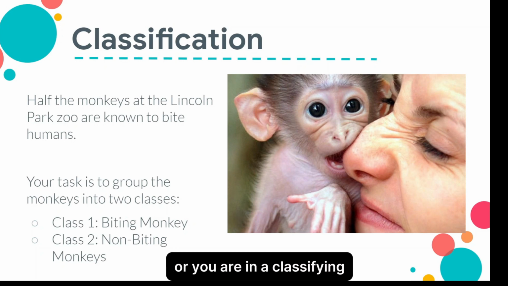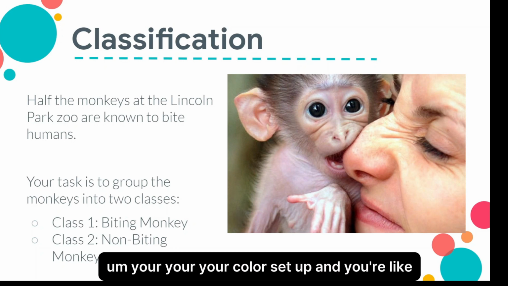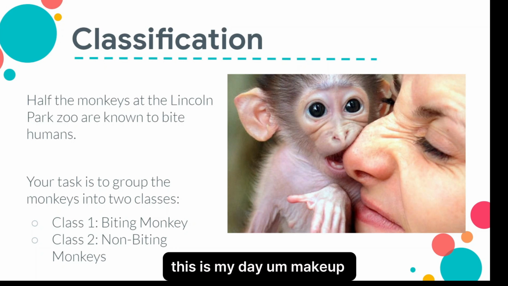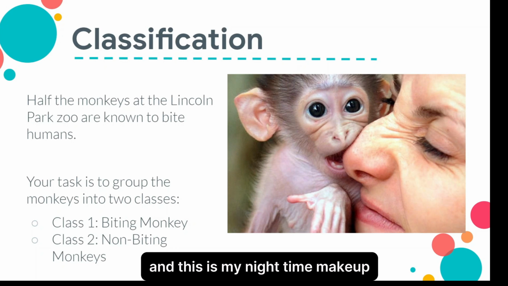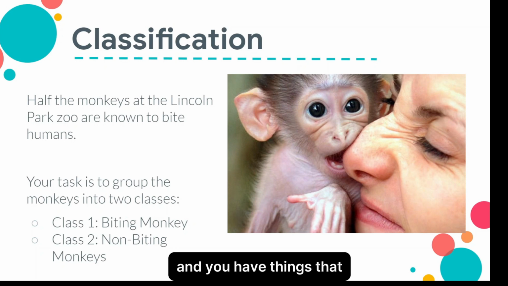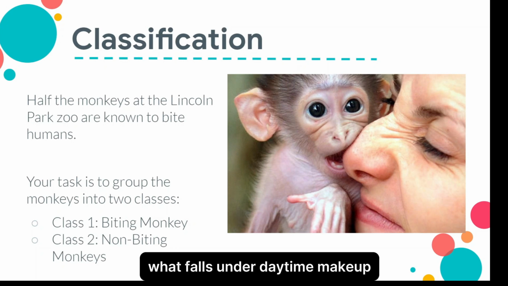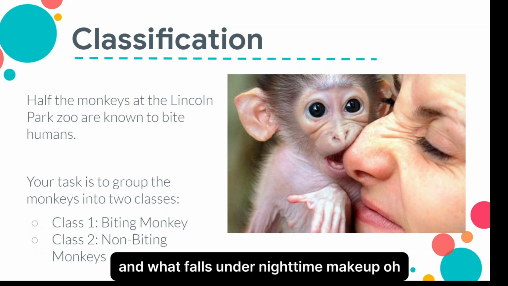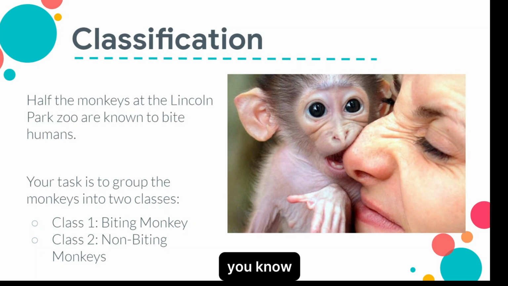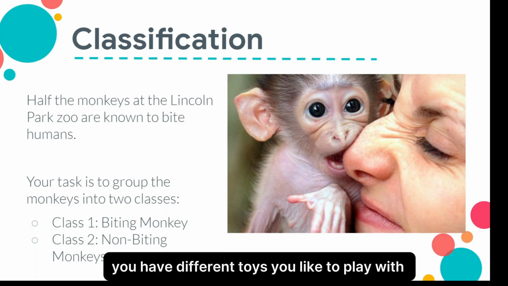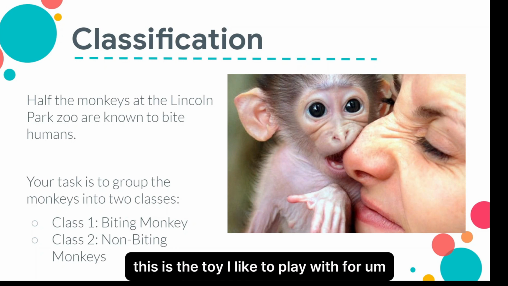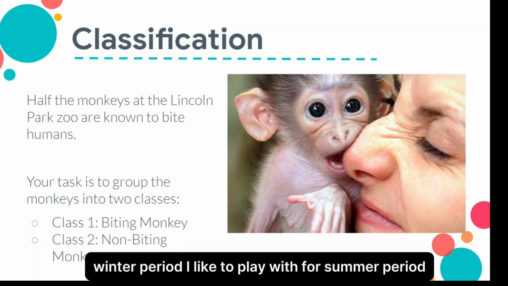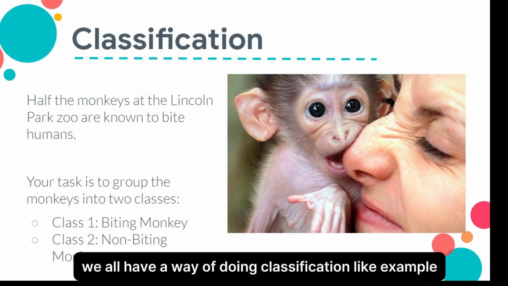Or you are classifying your color setup, and you're like, this is my day makeup, and this is my nighttime makeup, and you have things that you use to determine what falls under daytime makeup and what falls under nighttime makeup. Or you have different toys you like to play with, and you're like, okay, this is a toy I like to play with for winter, or I like to play with for summer. We all have a way of doing classification.